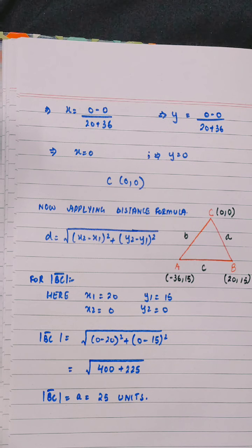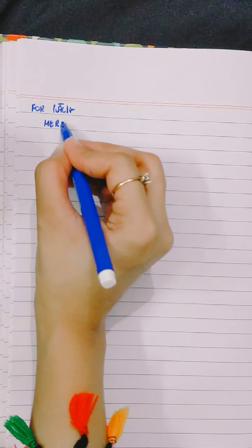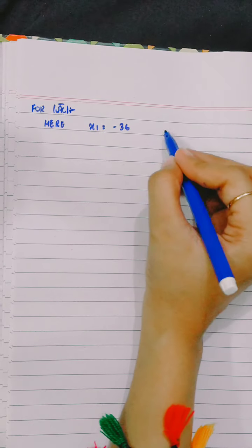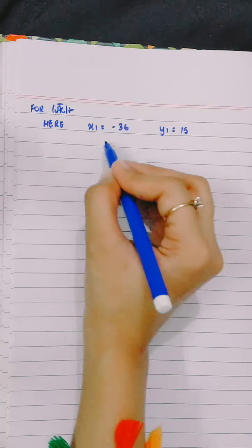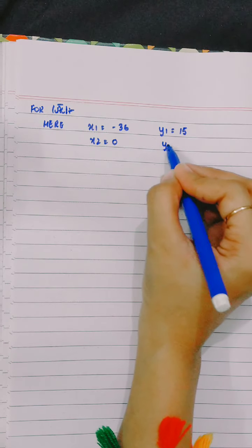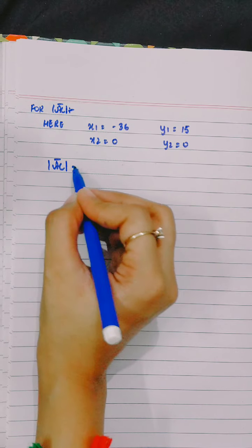Now we will find AC and AB. For AC, here x1 is -36, y1 is 15, x2 is 0 and y2 is 0.